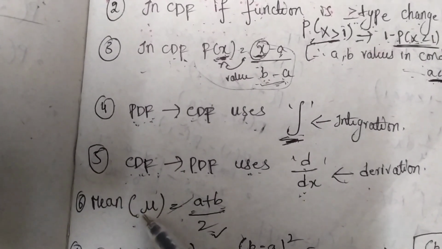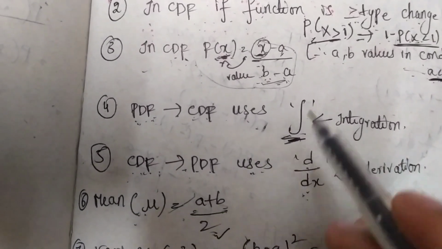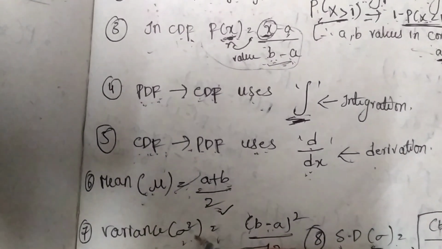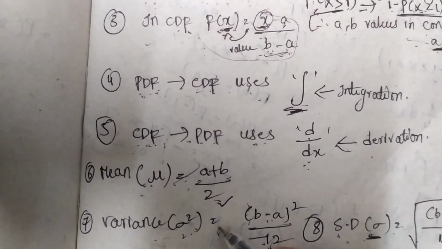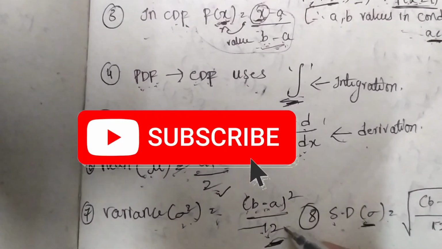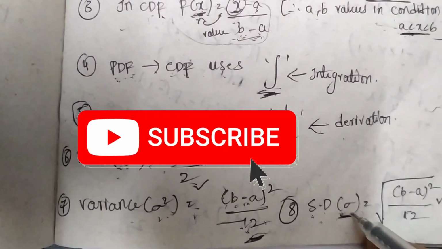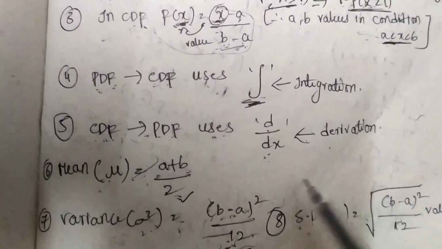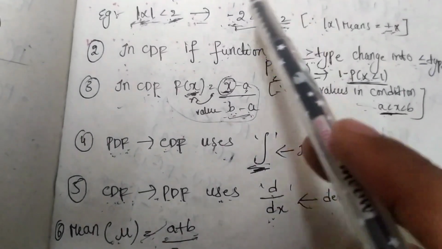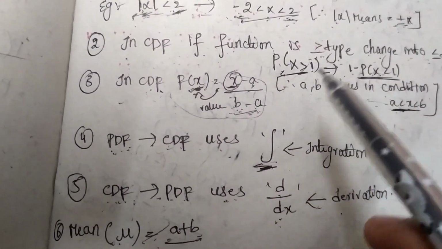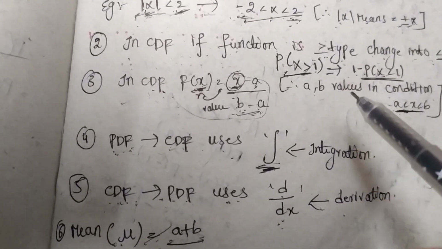To find the mean we use the formula mu equals a plus b by 2, and for variance we use the formula sigma square equals b minus a whole square by 12, whereas the standard deviation is the square root of this variance. By using all these key points and formulas, we can solve every problem related to the uniform distribution concept.